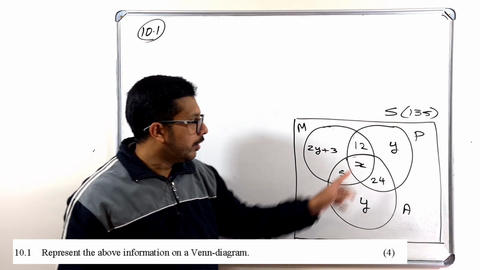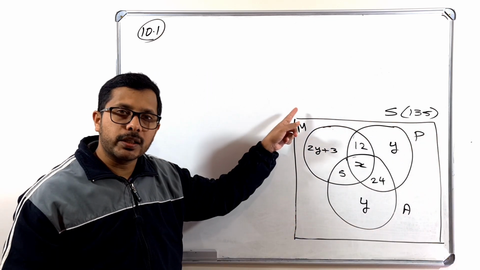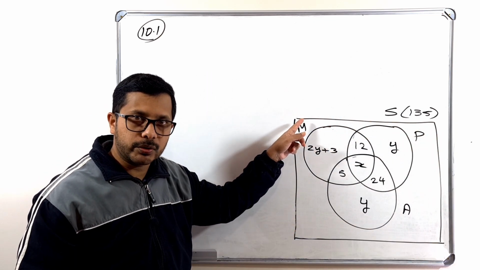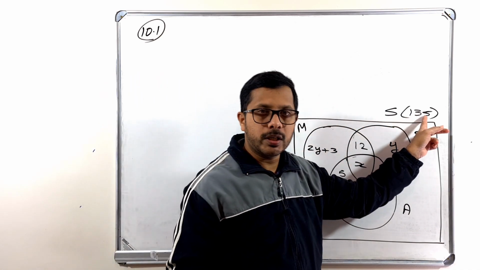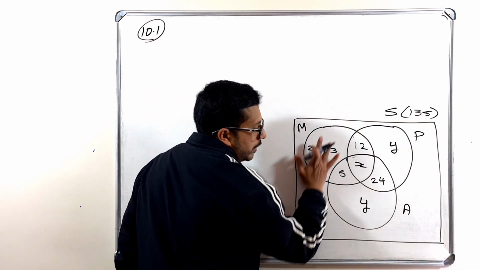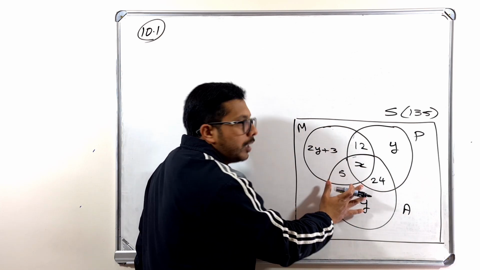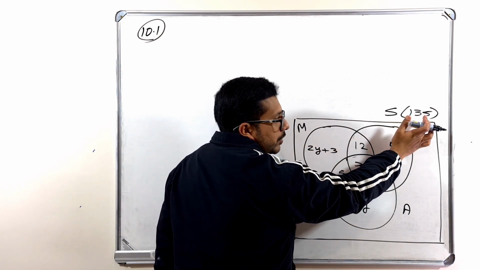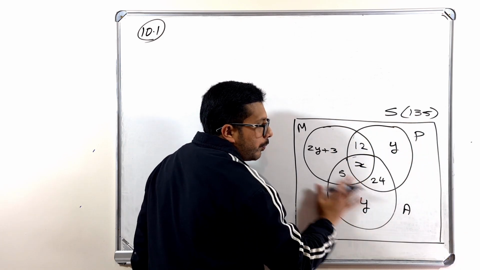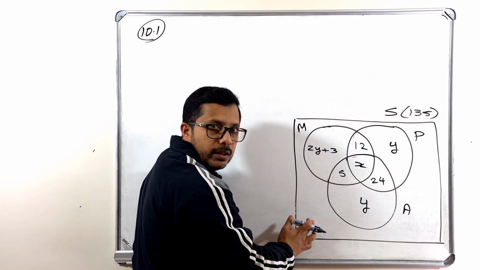Listen once more. The total in this rectangular box is supposed to be 135. The sample space is 135. If you subtract the sum of all the numbers in the different circles from 135, there you will get what is outstanding.